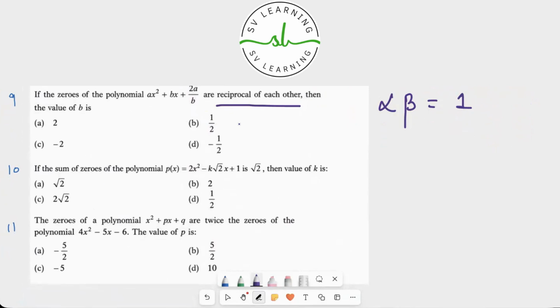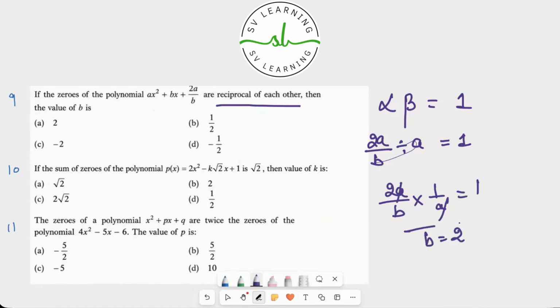So the product of the roots is c by a. C is 2a by b, divided by a, and this is equal to 1 because the roots are reciprocal. So 2a by b into 1 by a is equal to 1, and simply b is equal to 2.